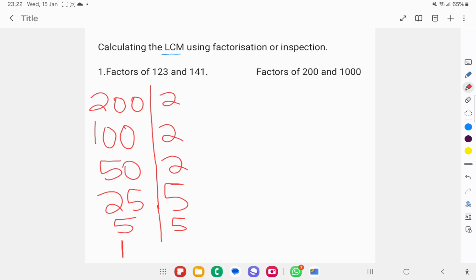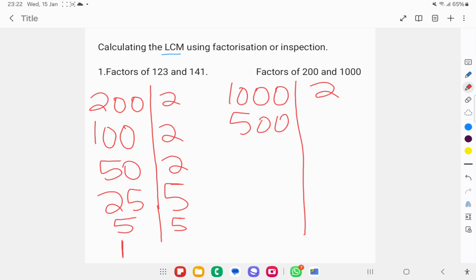Now going into 1000, what is the lowest prime factor that can divide into 1000? So we have 2. Then here we have 500, because 2 into 1000 goes in 500 times. Now what is the lowest prime factor that can divide into 500? It's 2. So 2 into 500 is 250.